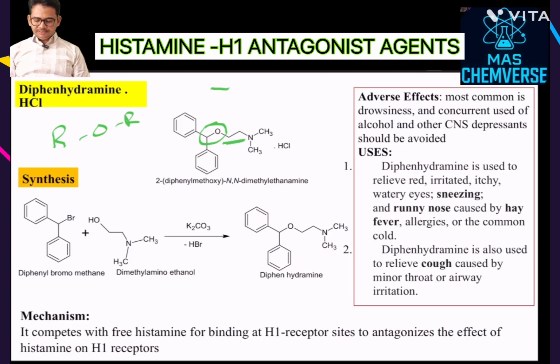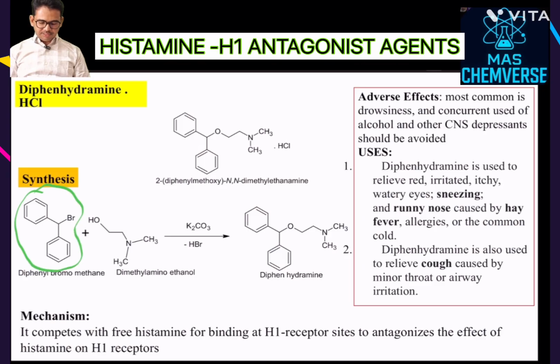The normal chain is the same. It has the ethyl chain in the structure, as well as the dimethyl amine group. Now, when we discuss the synthesis of this particular drug, the synthesis starts with diphenyl bromomethane.